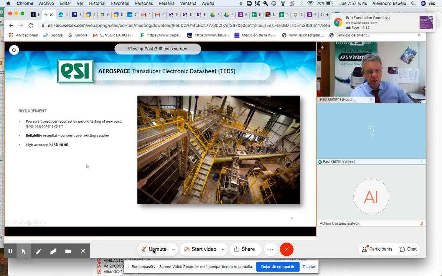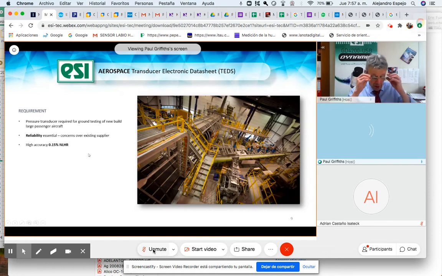The accuracy level needed was 0.15% non-linearity hysteresis. So they needed a high level of accuracy that was reliable. And the pressure ranges were from 200 psi, so around about 15 bar, up to 6,000 psi, 400 bar.